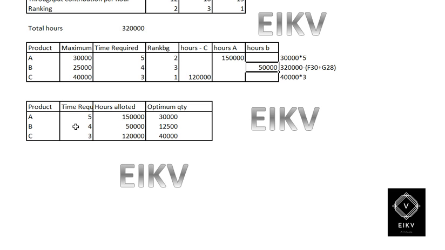The products are A, B, C, time required is 5, 4, 3, and the hours allotted, taken from the above table, are 1,50,000, 50,000, and 1,20,000. Dividing hours allotted by time required gives the optimum quantity: 1,50,000 divided by 5 gives 30,000; 50,000 divided by 4 gives 12,500; and 1,20,000 divided by 3 gives 40,000.